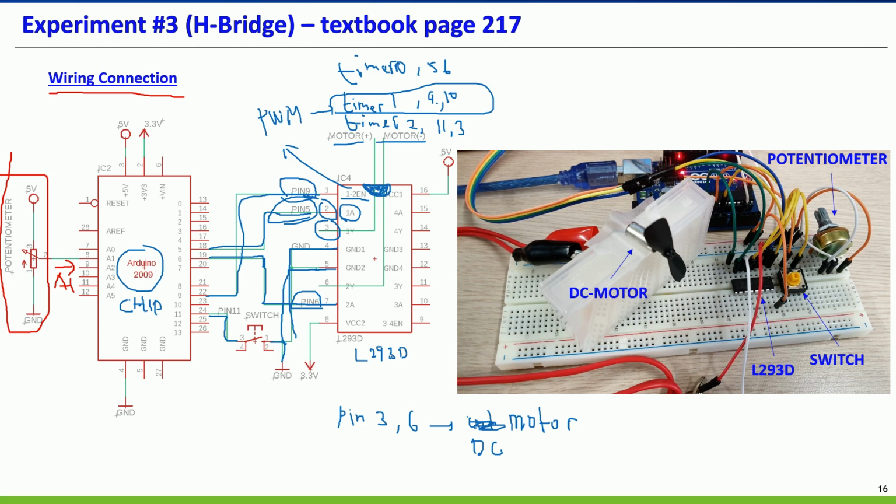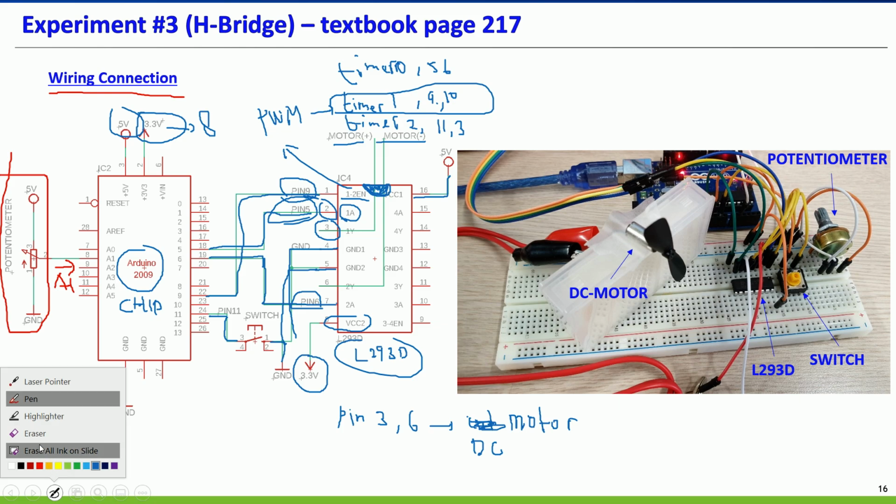Remember, for this chip's motor input I use 3.3 volts, connected to pin 8 of the L293D. You also need a 5-volt voltage source here.